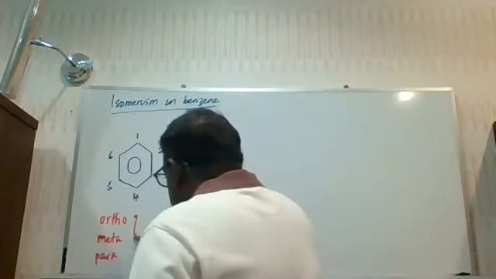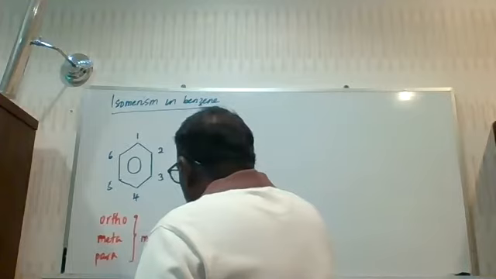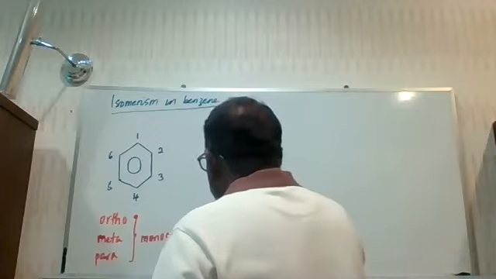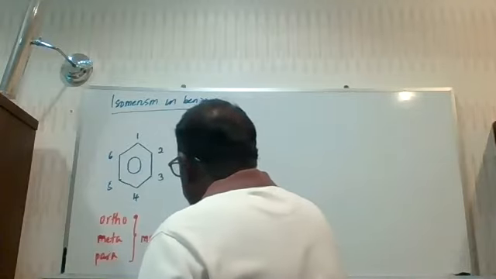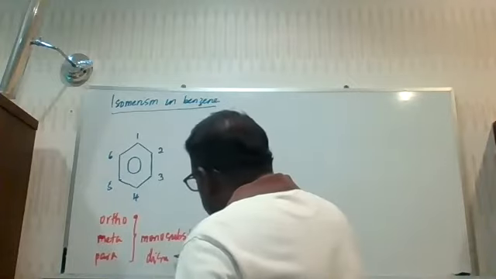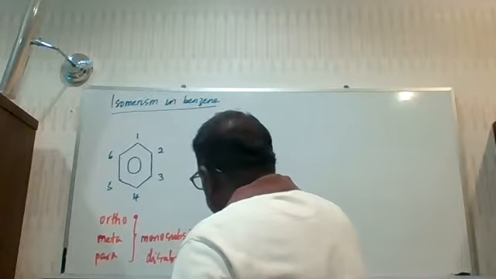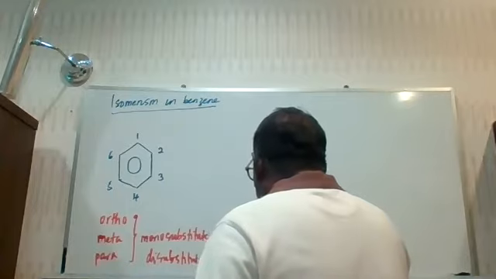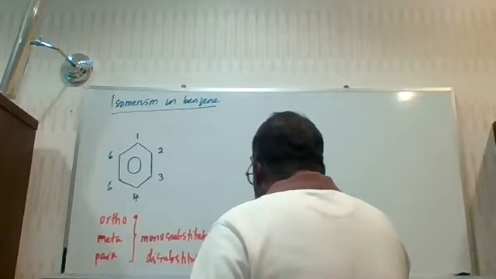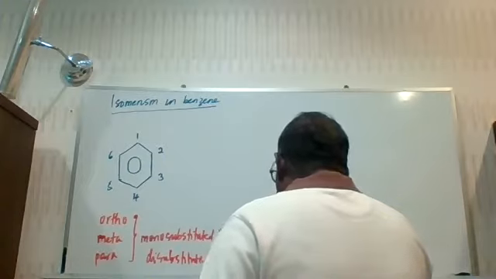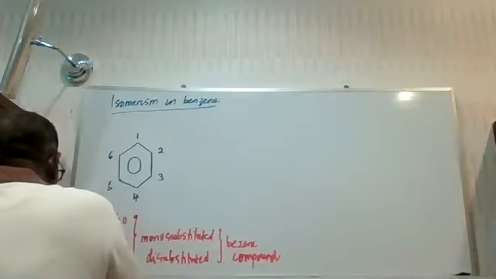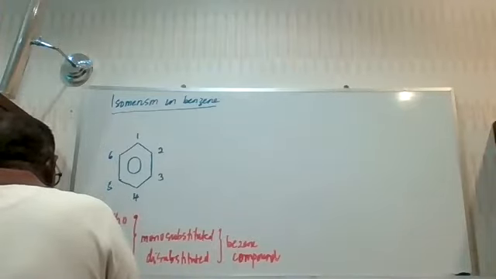But this naming system is usually used for mono-substituted and di-substituted benzene compounds, which I will discuss shortly. Ortho will normally be designated with o, meta with m, and para with p.